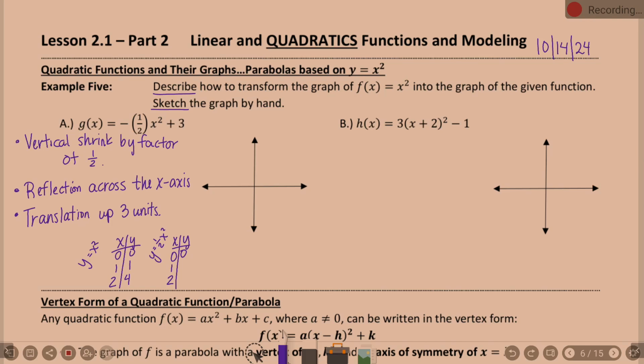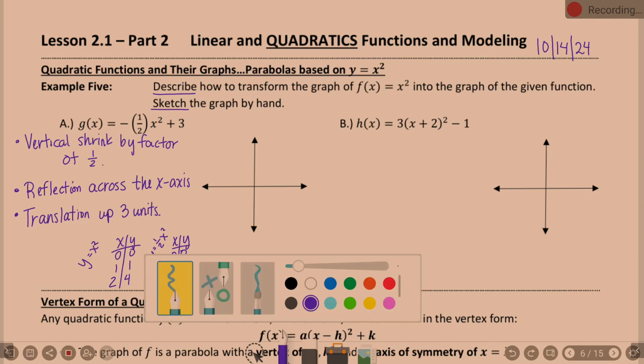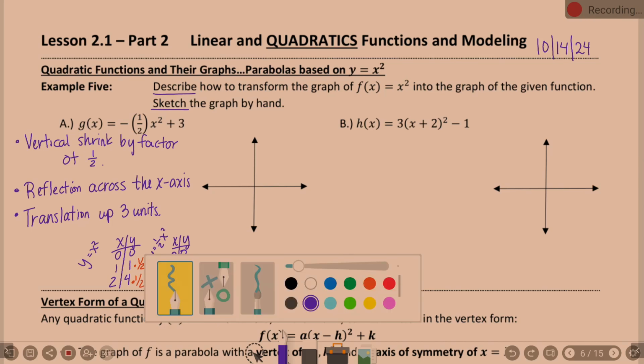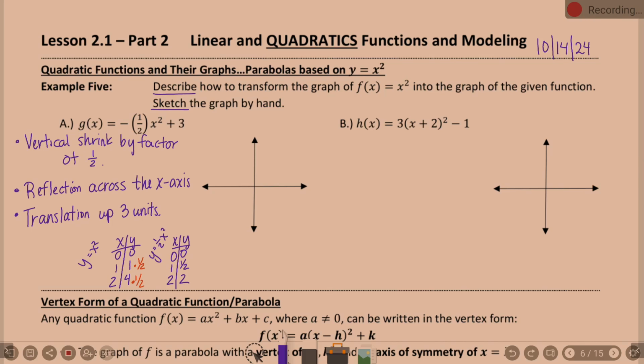So if 1, 1, instead of going over 1, up or down 1, it's now going to be over 1 and 1/2. Instead of 2, 4, it's going to be 2, 2. If you need to write yourself a note, what did we do? We multiplied by 1/2.